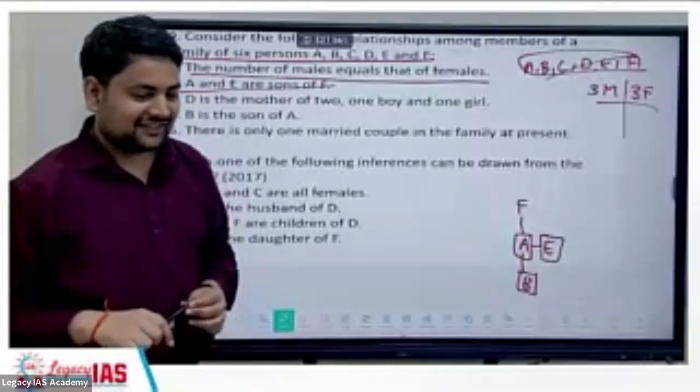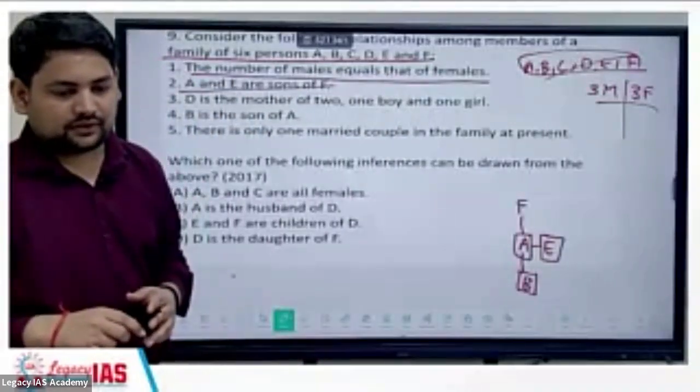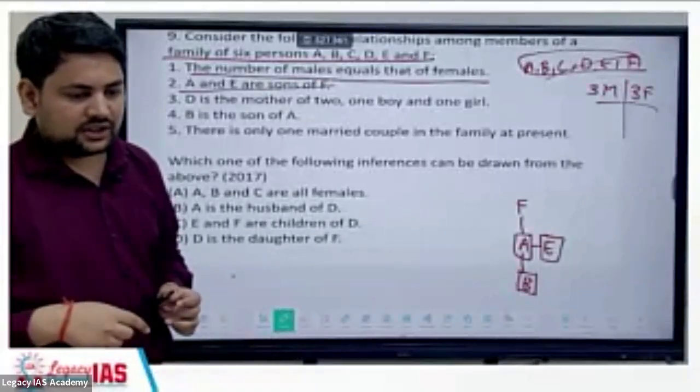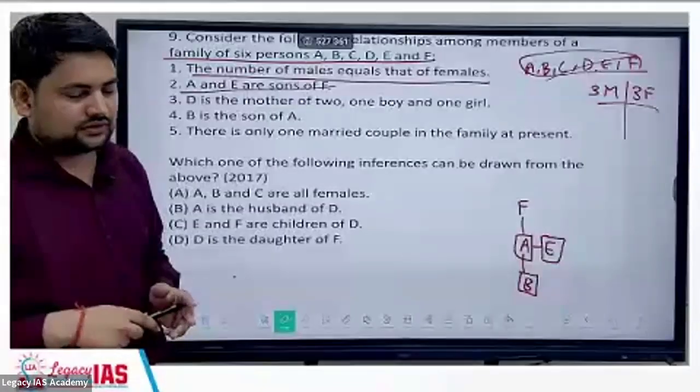Option B, because there can only be one married couple, so it's of course not F. So it will be with D only, because there can be only three males. You tell me when the video starts being visible to you. Now it's visible, sir. Now it's visible? Okay.